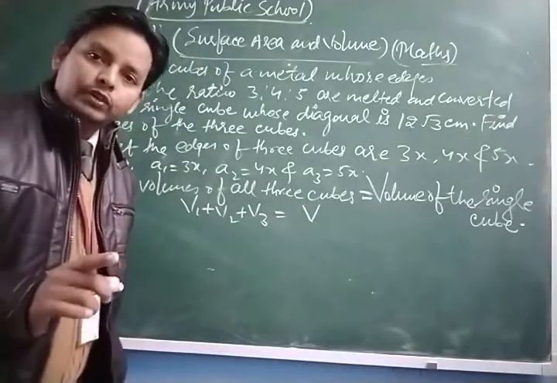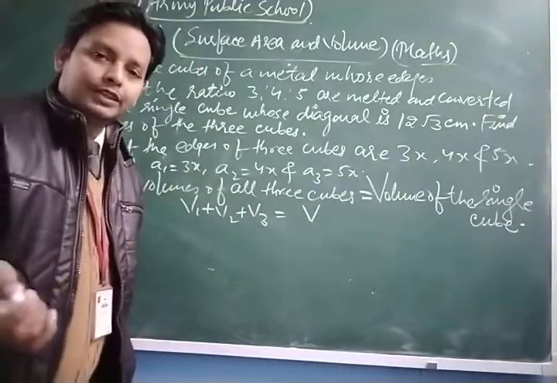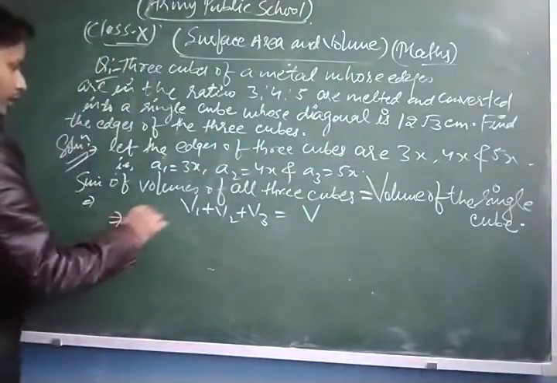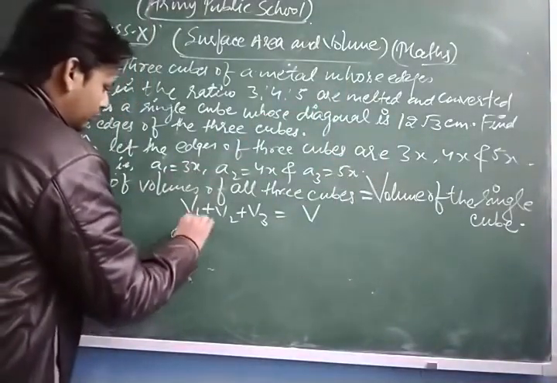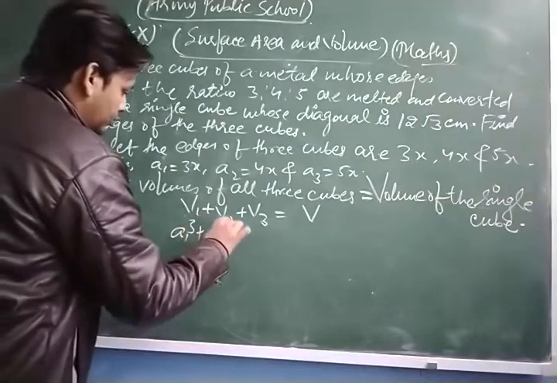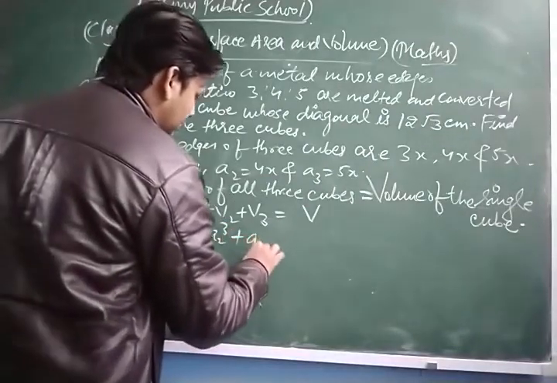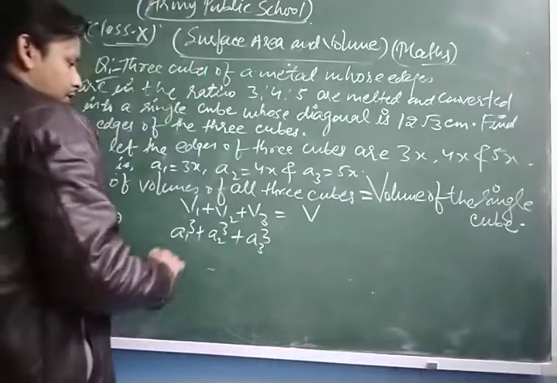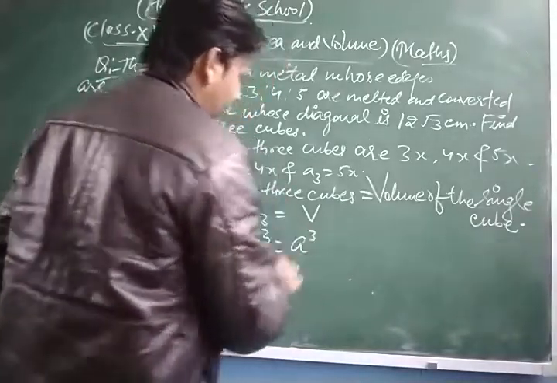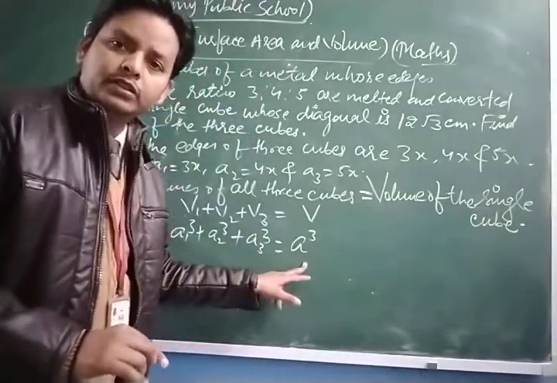We know the volume of a cube is side cube. So A1 cube plus A2 cube plus A3 cube is equal to A cube. Here A will be the side of the single cube.